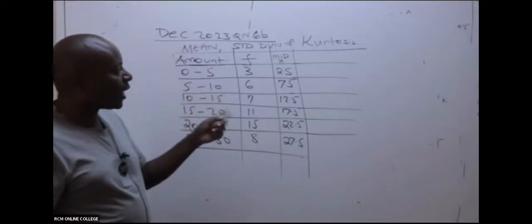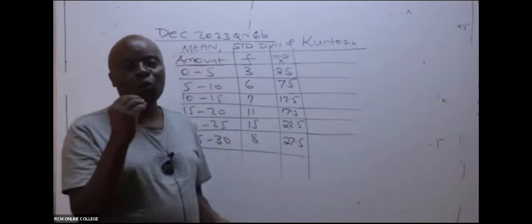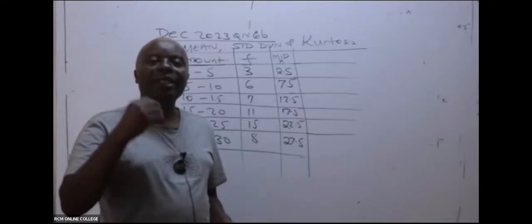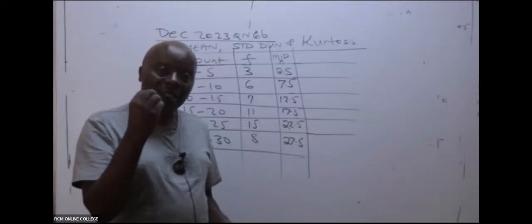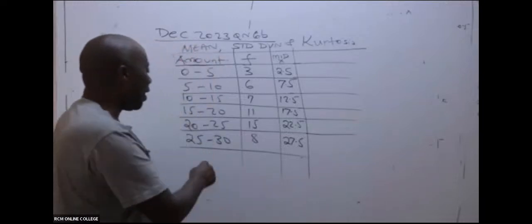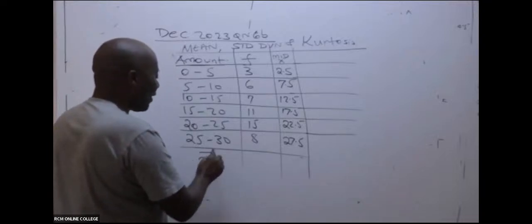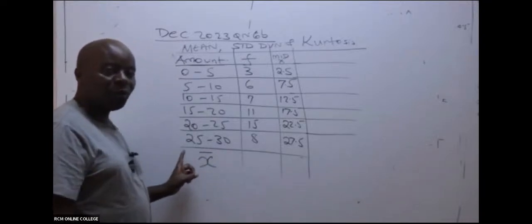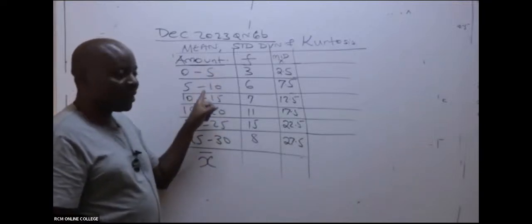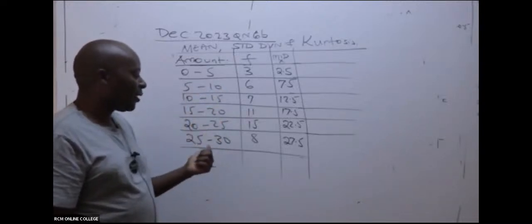After I do this, in terms of statistics there is very little I can do without getting the mean. Mean is a basic statistical value. So how do I get the mean, my friends? Mean is x with a flat bar. We call this grouped data because you can see groups, classes.